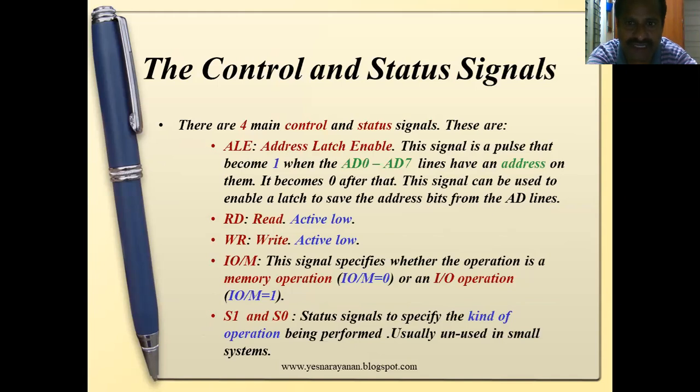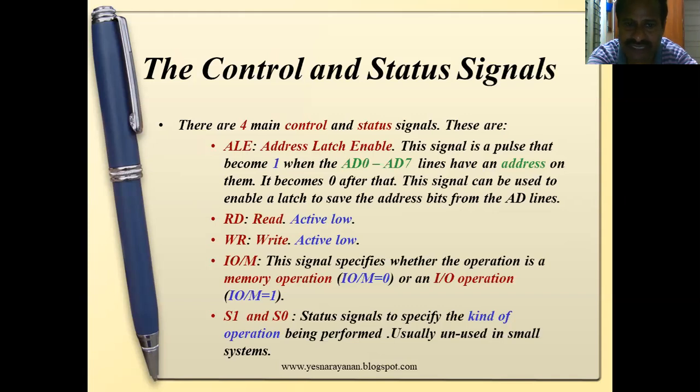The signal is a pulse that becomes 1 when the AD0 to AD7 lines have an address on them. It becomes 0 after that. This signal can be used to enable a latch to save the address bits from the address and data lines.